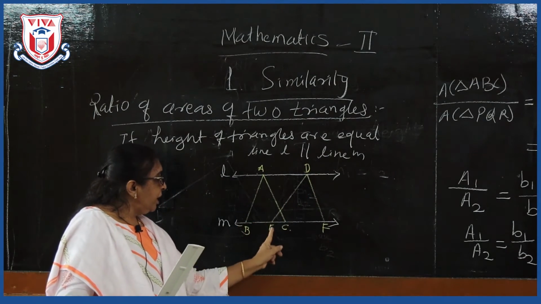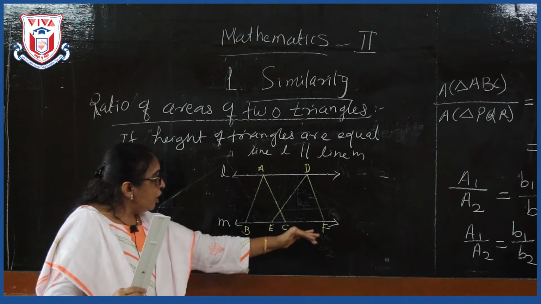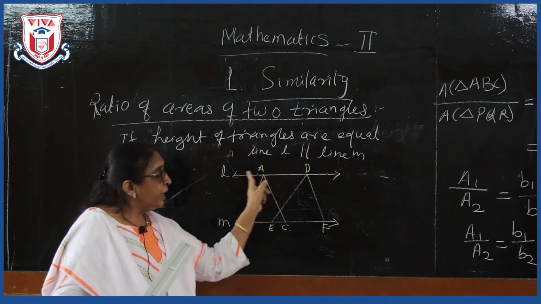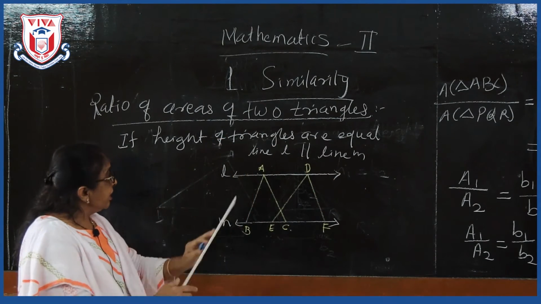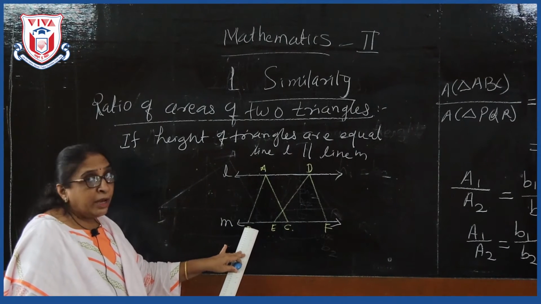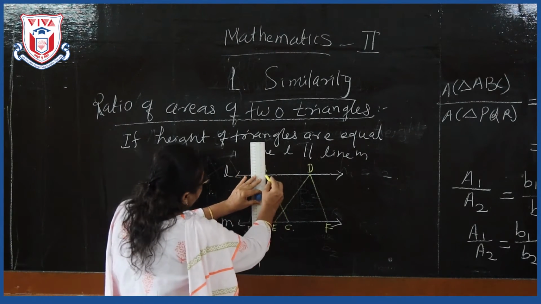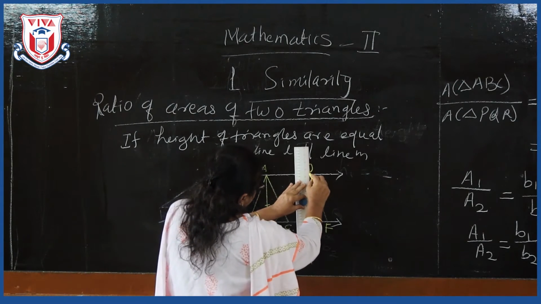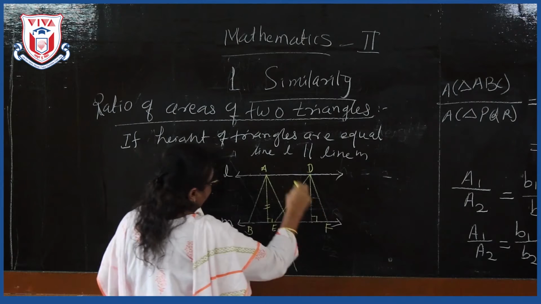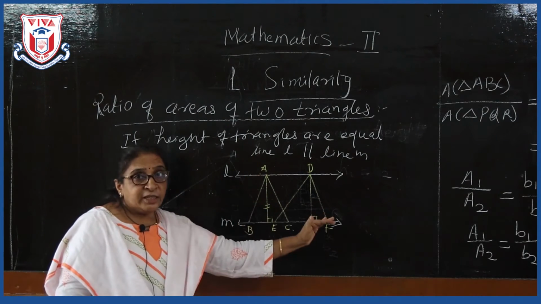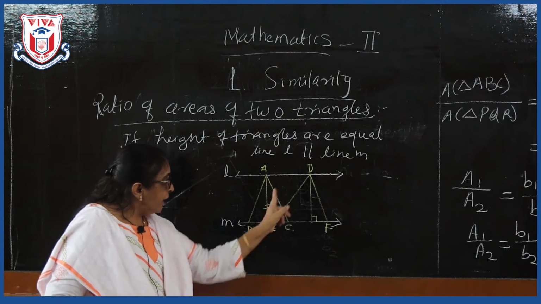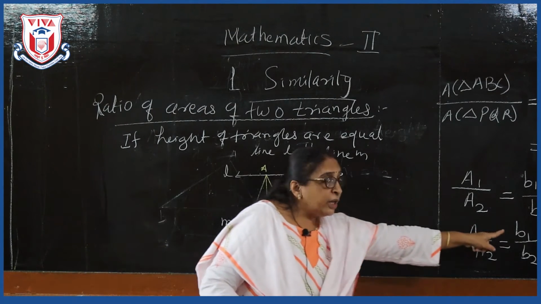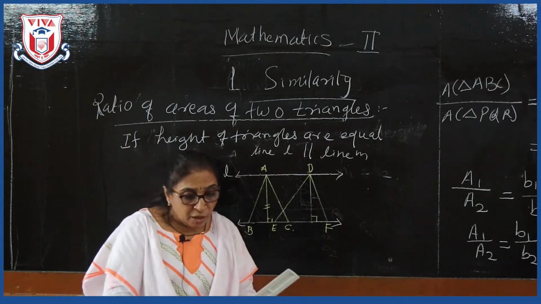The points B, E, C, F are all lying on the line M, and A and D are lying on line L. As lines L and M are parallel, the perpendicular distance between them is always equal. So, in such cases, the areas of triangle ABC and triangle DEF will be proportional to their corresponding bases.